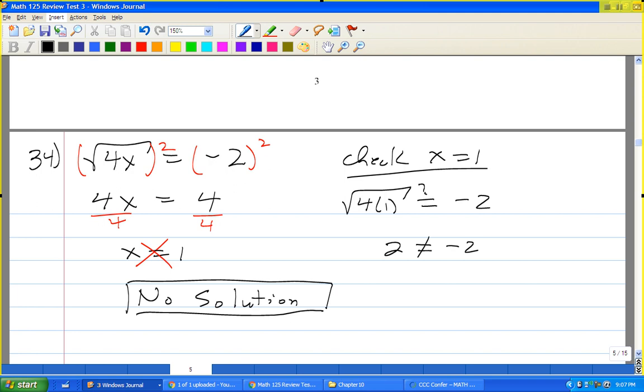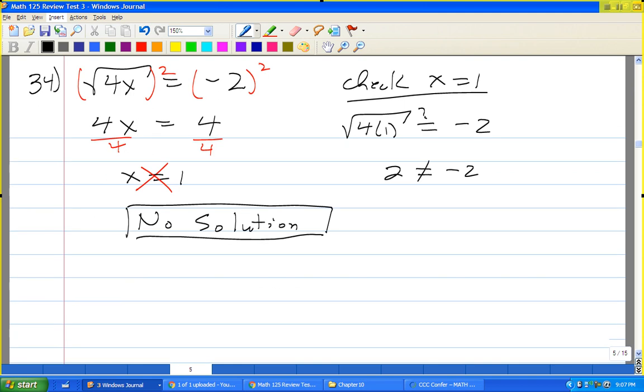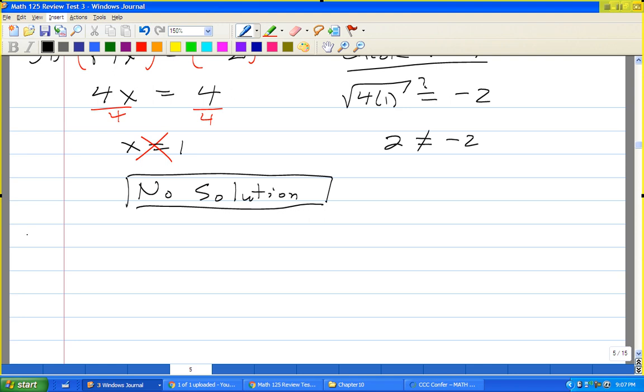Let me do problem number 35, which is radical 2x plus 9 minus 2 equals 0.